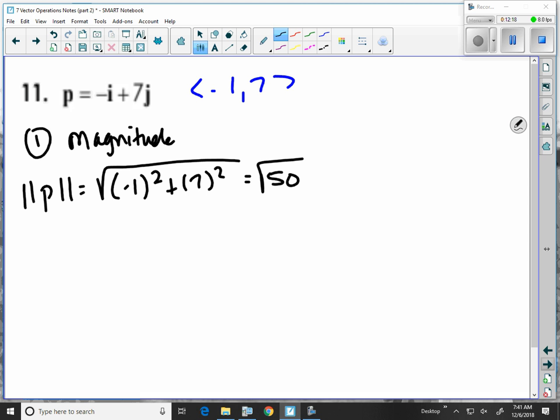And 50 is not a perfect square, so we're going to break that down. What's the biggest perfect square that goes into 50? 25. How many times? 2 times. So 25 and 2, the square root of 25 becomes 5. Let me keep our radical 2.